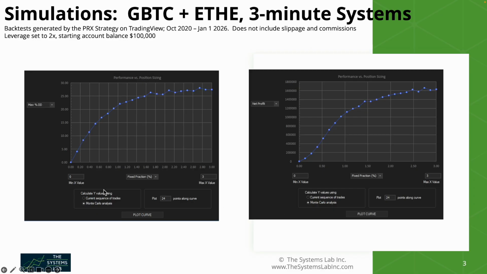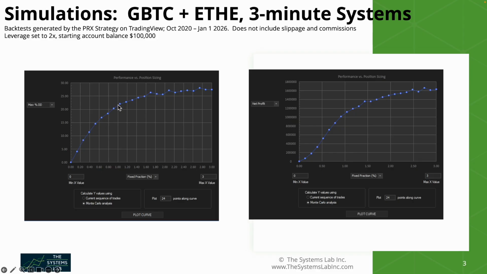So on the left, in the graph that we have here, we have maximum drawdown on the vertical axis, and we have our position sizing algorithm on the horizontal axis. Position sizing is fixed fractional, and we have a variety of levels that we are risking here. A few points of interest: if you were going to use this position sizing algorithm and risk 1% per trade, your maximum drawdown would be just a little bit more than 22%.